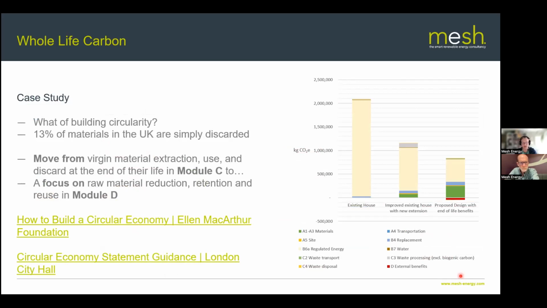So moving away from an extract and throw away culture to one that starts to minimize the use of raw material and looks to retain and reuse at module D. And there's a couple of really good links. It's worth looking up the Ellen MacArthur Foundation, the global leaders really now on building for a circular economy. And of course, there's the circular economy statement that is now built into the new London Plan.